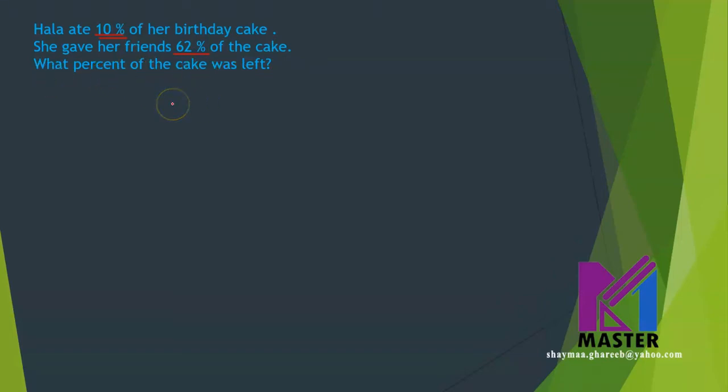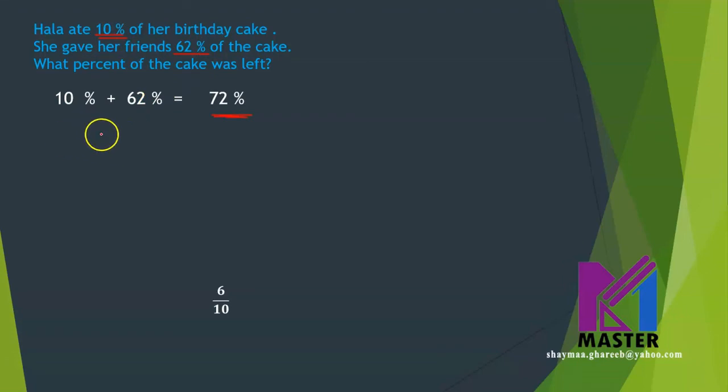So first we have to calculate the amount she ate and the amount she gave to her friends. So 10% plus 62% equals 72%. So 72% is what Hala and her friends ate together.